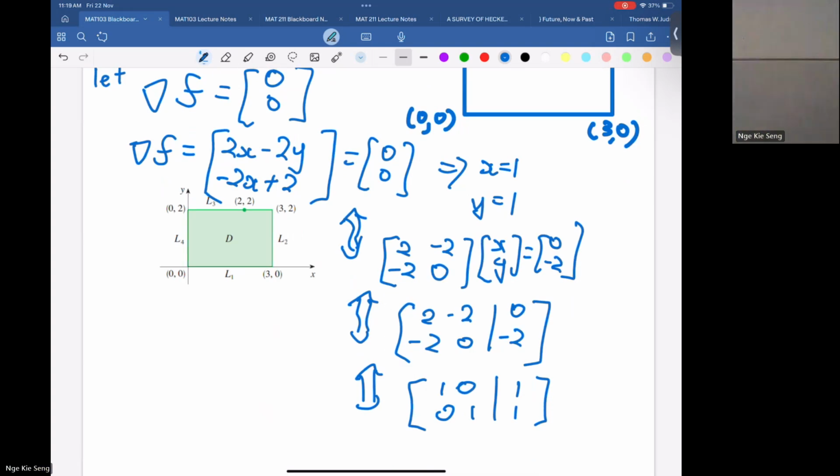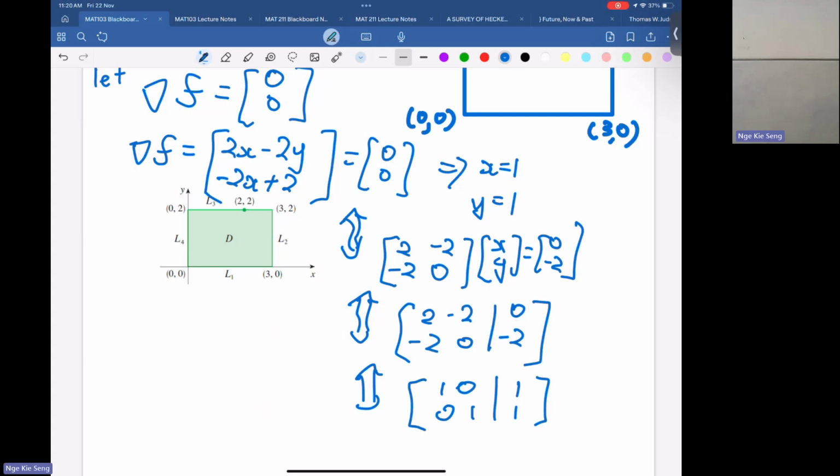Okay. Yeah. Can you quickly see why the row reduced echelon form is 1001? How to quickly see? No. From this matrix itself. What's the determinant of this matrix? Right.